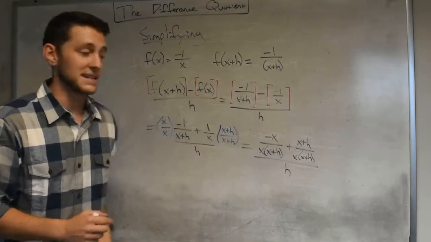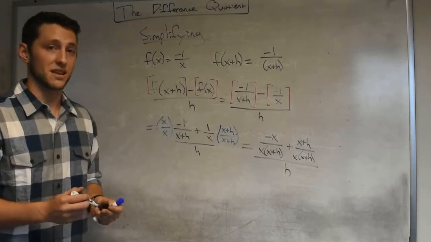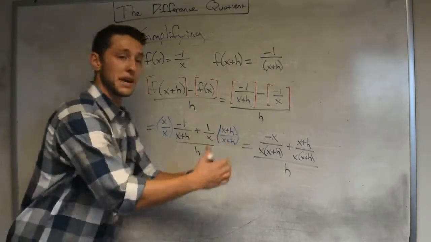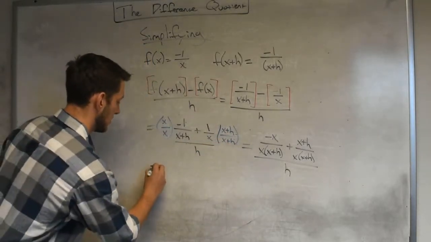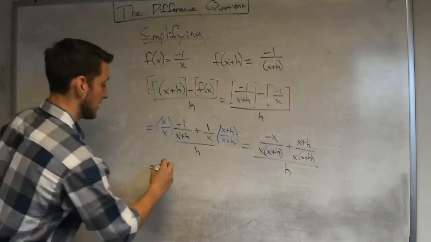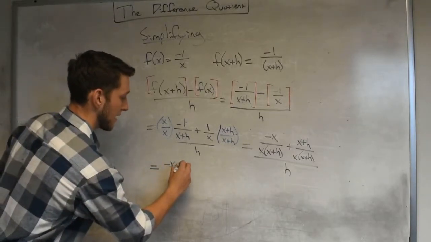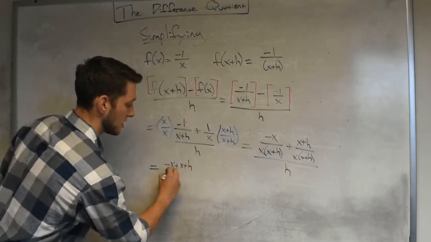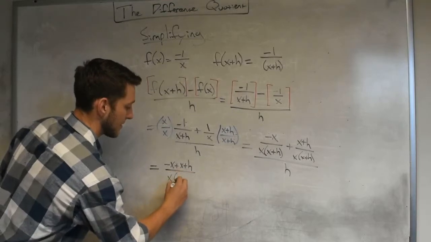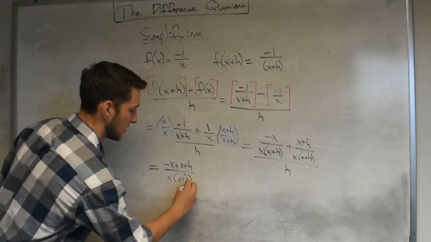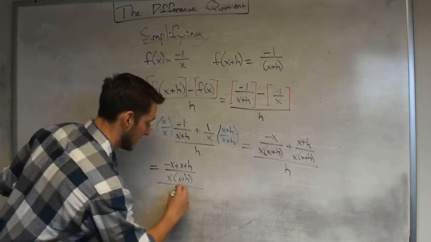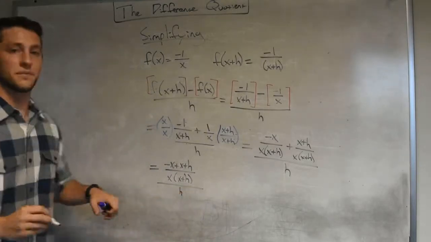Now we're in a good spot to add these fractions together. When we add them together, what we'll end up getting is negative x plus h divided by x times x plus h, all divided by h.